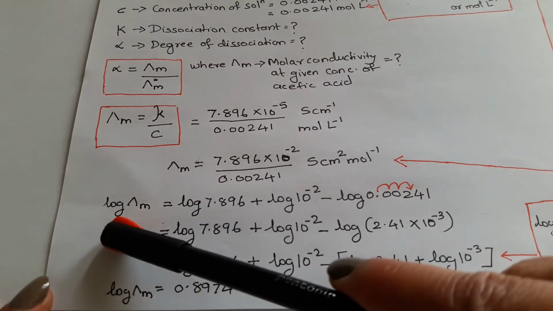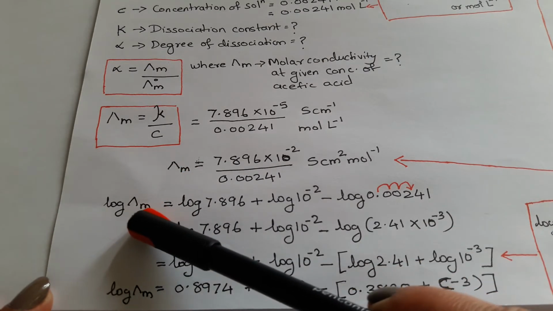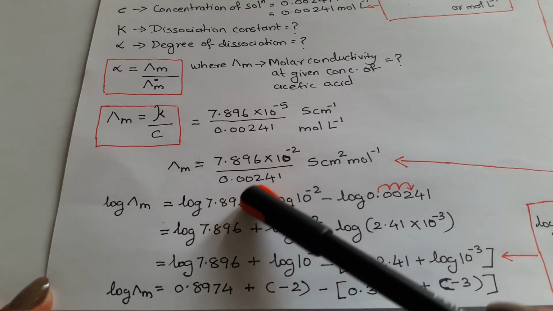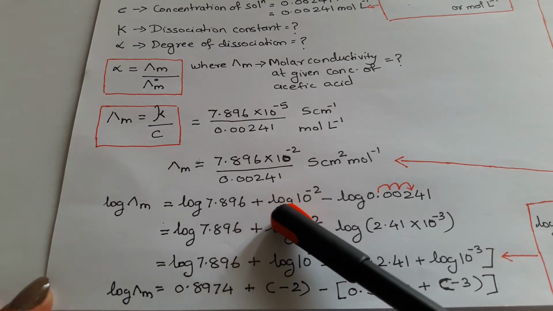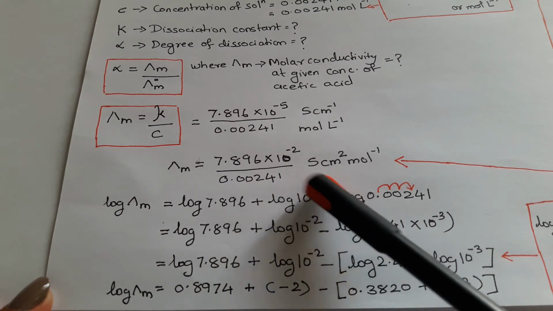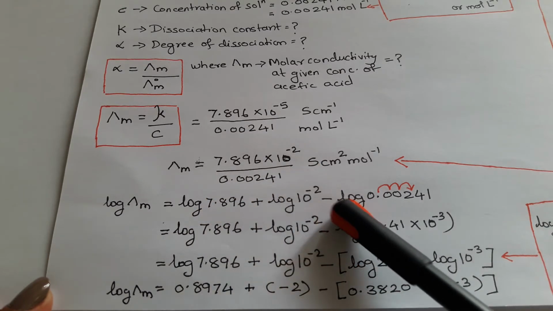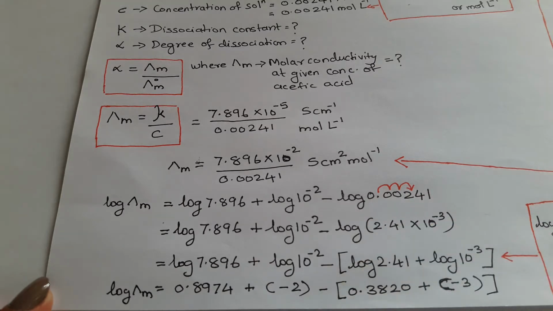Now we solve the sum using log. So we write log of lambda m is equal to log of 7.896. Here it is multiplication, therefore plus log of 10 raised to minus 2. Here it is division. So we write minus log of 0.00241.